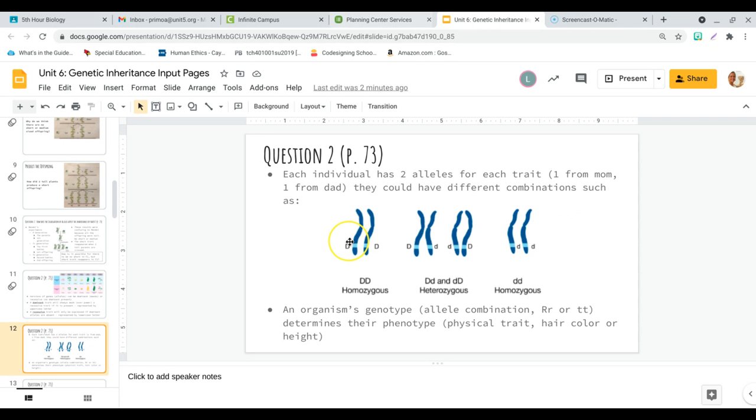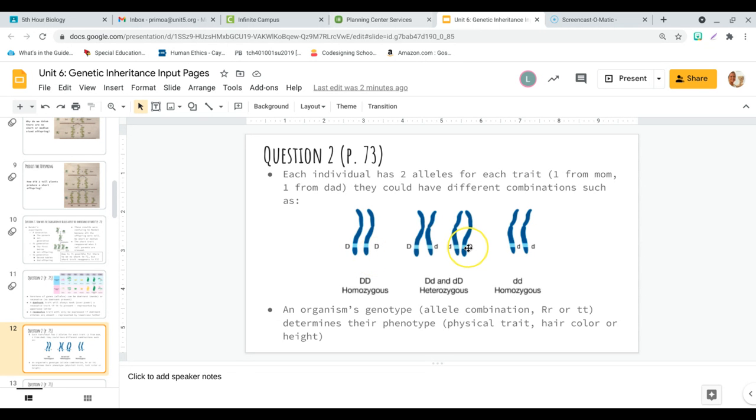Okay, let's say this is coding for dimples. So if you have a capital D, not only is this dominant, but we also refer to this as homozygous dominant, because there are 2 of the same capital letters here.